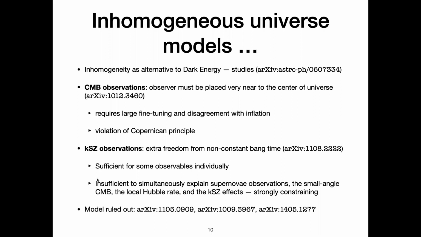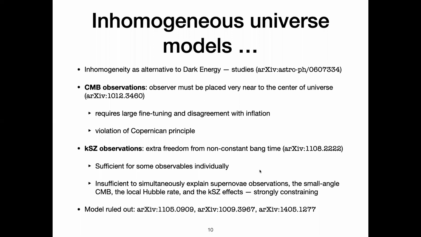Anyway, these observations allow an extra freedom from the non-constant bang time. So the bang time is the time of the Big Bang basically, and if we assume it to be non-constant and varying with some parameters, it allows extra freedom, which is sufficient for some observables individually.